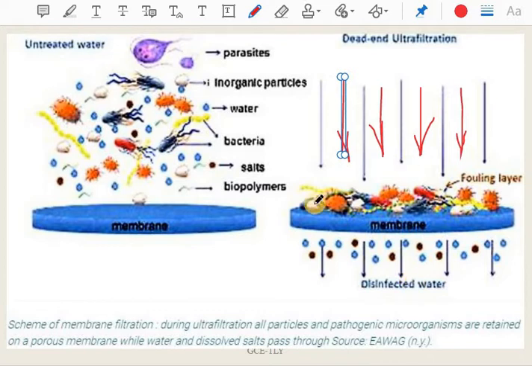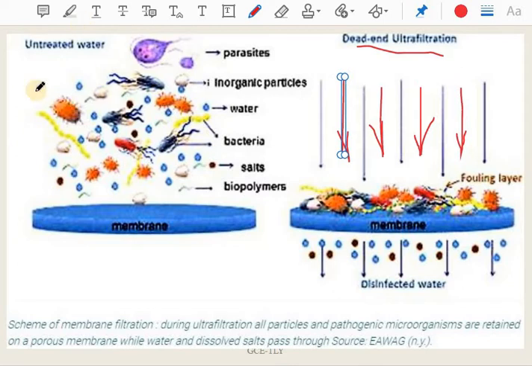As a result, these particles accumulate and form a layer over the membrane, which offers resistance to further filtration of the wastewater. It also results in fouling, which is nothing but blockage of the pores. It's the main problem in microfiltration and ultrafiltration. Normally, dead end filtration is not preferred in membrane filtration.